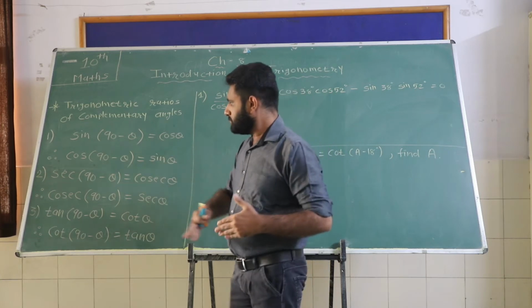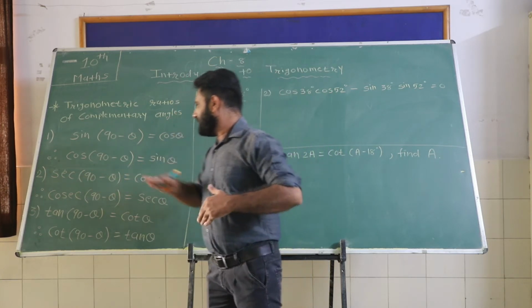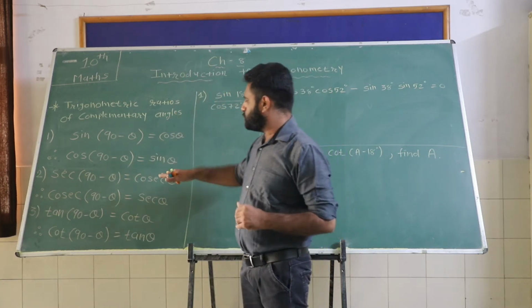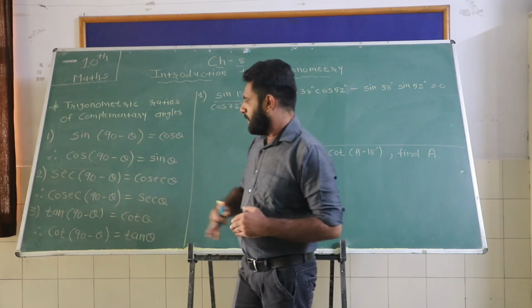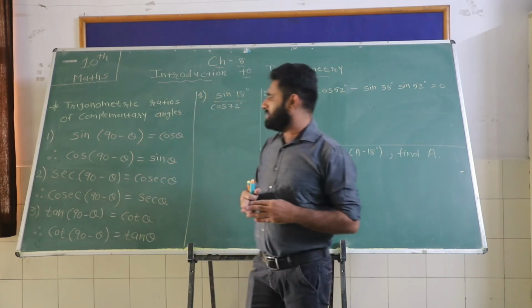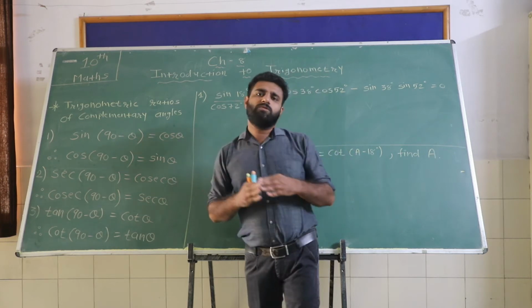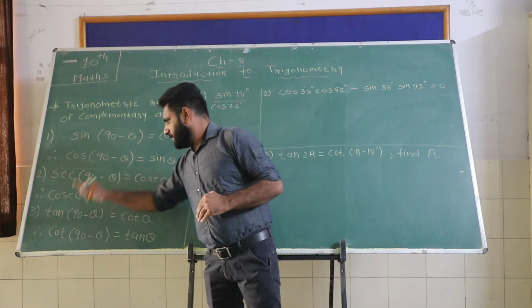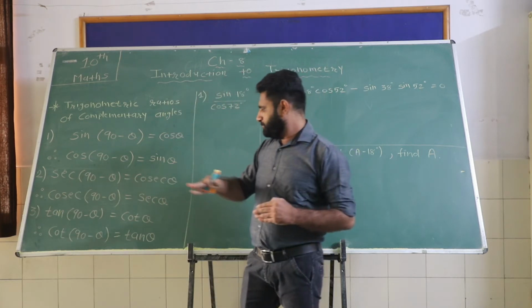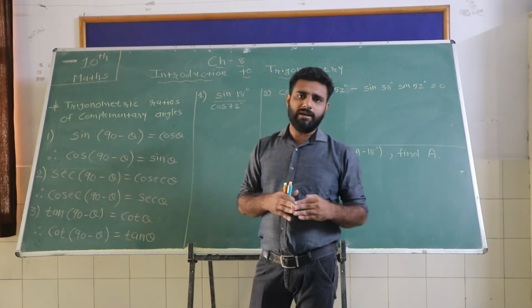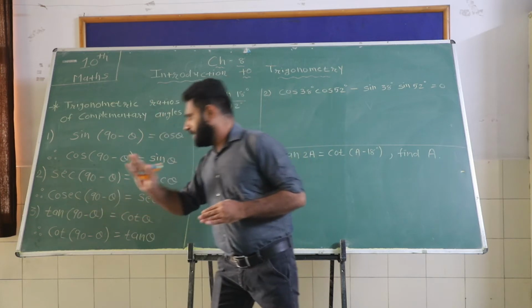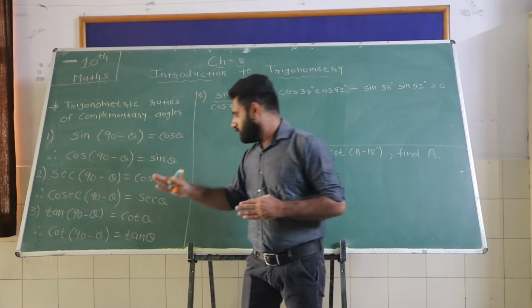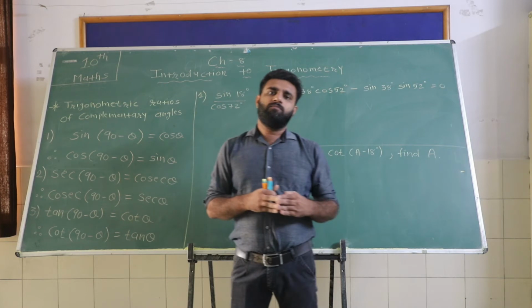Similarly, sec(90 - theta) equals cosec theta, and cosec(90 - theta) equals sec theta. In the same way, tan(90 - theta) equals cot theta, and cot(90 - theta) equals tan theta.